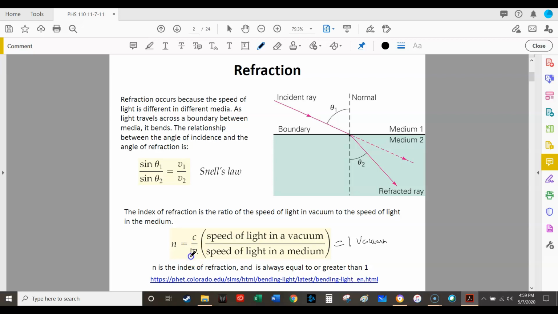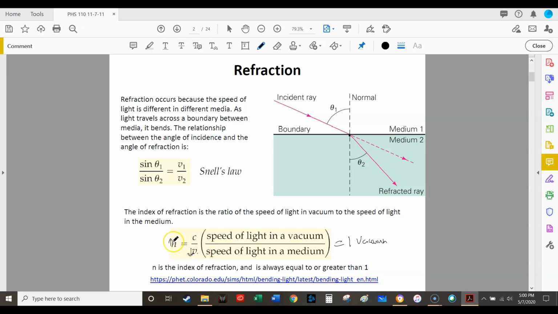That means this velocity is going to go down, and that's going to drive that index of refraction up. The index of refraction has no units, it's unitless. It's a comparison, speed over speed. Meters per second divided by meters per second is 1.